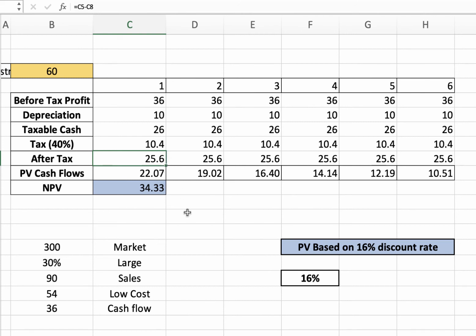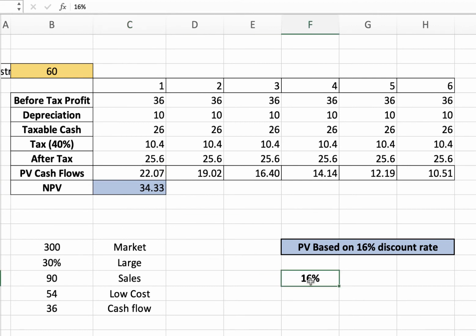Well, in 1 year of time, a lot of things can happen. So we're going to use our simple discounting 1 over 1 plus r to the year. So here 1 over 1 plus 0.16 to the first power gives us our discounted revenue after tax, or what we call the PV, or present value cash, of 22.07.